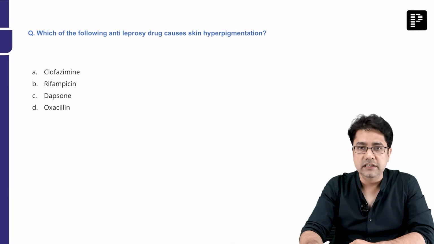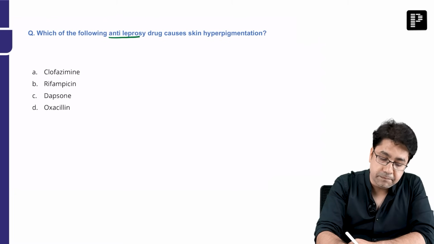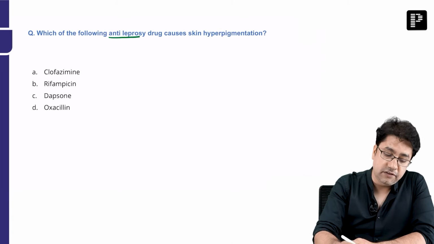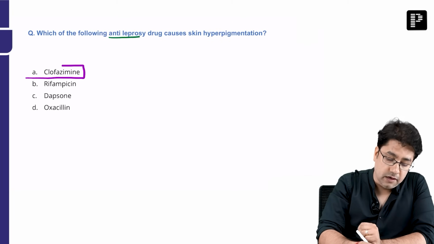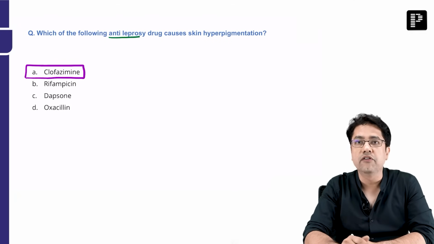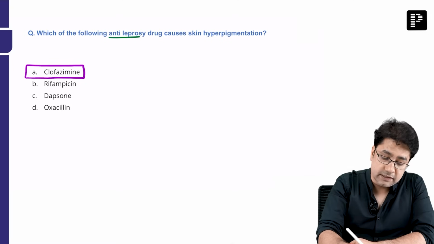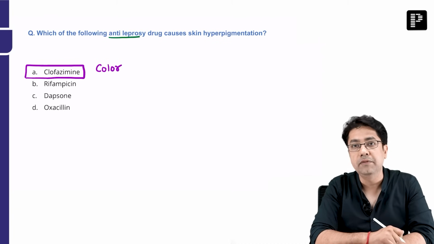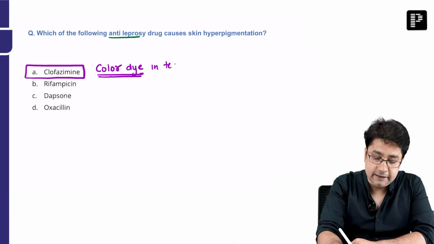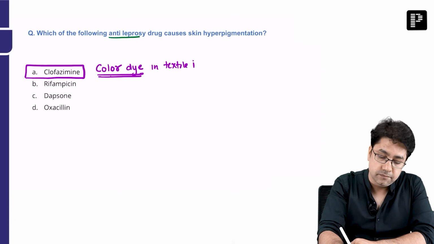Now the next question is, which of the following anti-leprosy drugs causes skin pigmentation? The answer for this question is clofazimine. What we discussed in lectures was that if we talk about the history of clofazimine, before it was developed as an anti-leprosy drug, it was used as a coloring dye in the textile industry to color textiles.